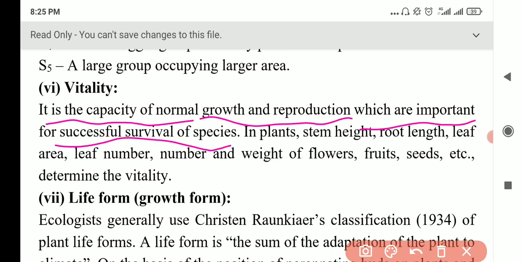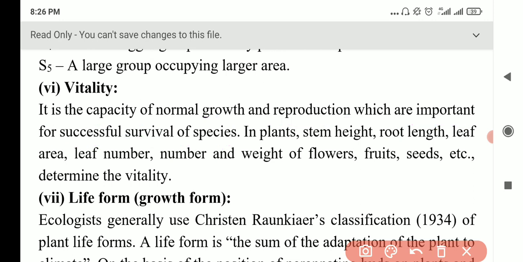It has to be very strong in reproducing so that they can go on from generation to generation and the species will survive. If they cannot reproduce more and the environment is unfavorable, then obviously they will all die off. But if you reproduce so much, out of 1,000, even if 3 or 4 survive, it's enough for the continuation of the species.